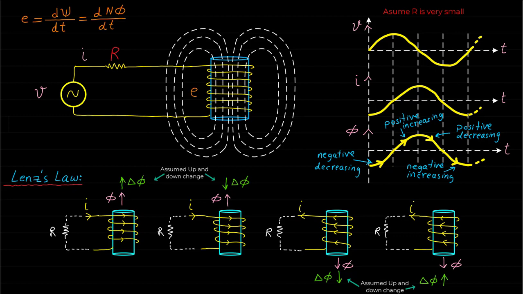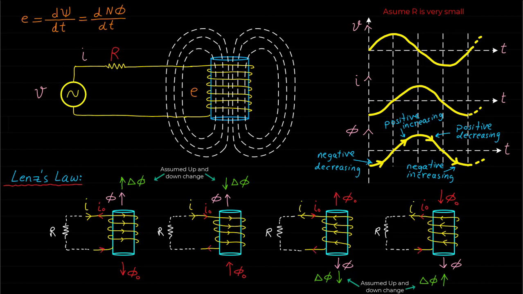The fourth step is to draw magnetic field phi O in the opposite direction to the direction of magnetic field change delta phi. The fifth step is using the right-hand rule to identify the direction of the current I O that should flow to generate the magnetic field phi O.